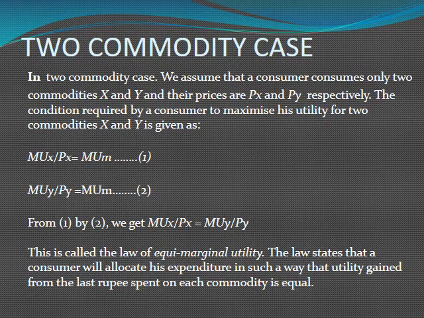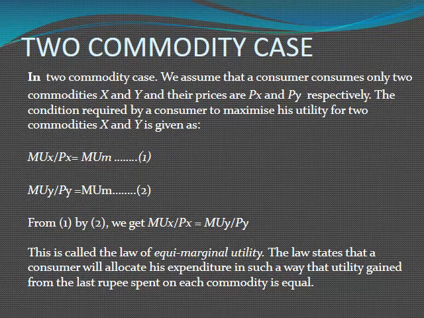Now, the two commodity case. When we discussed the one commodity case, say commodity X, here we assume that there are two commodities. A consumer is consuming two commodities, commodity X and commodity Y, and the consumer can achieve equilibrium when he maximizes his level of satisfaction, when he maximizes his utility.